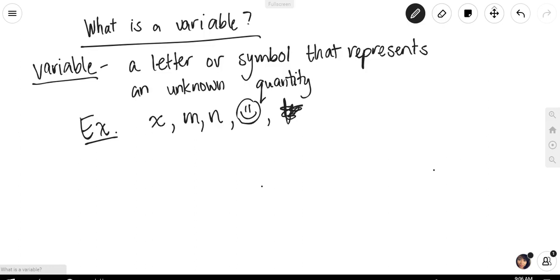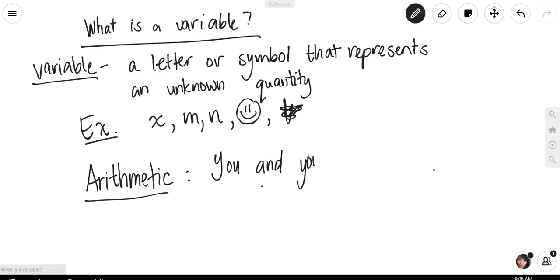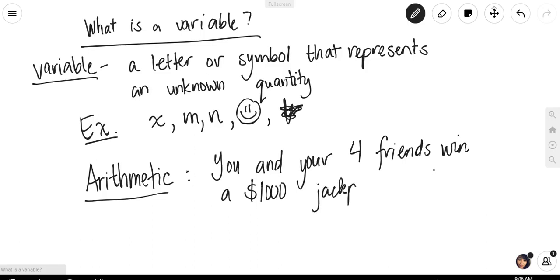So let's look at an example. In arithmetic, we're used to dealing with problems where, for example, you and your 4 friends win a $1,000 jackpot, and you want to know how much money each person gets.